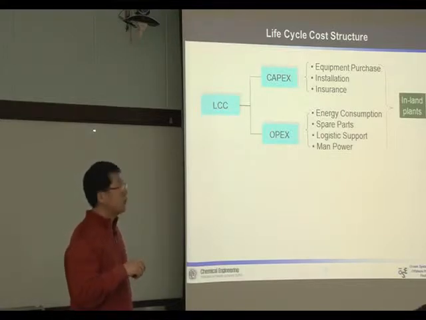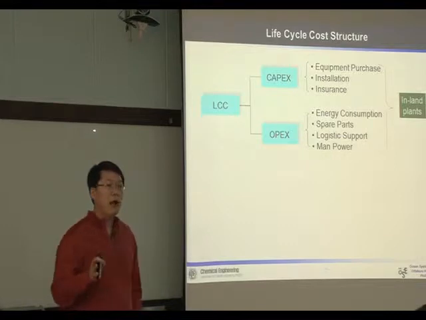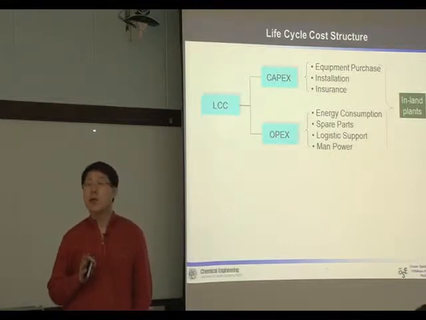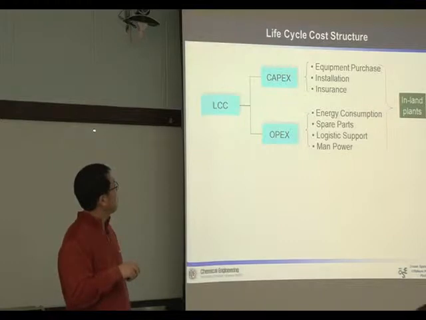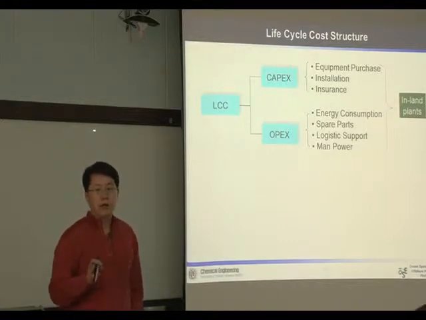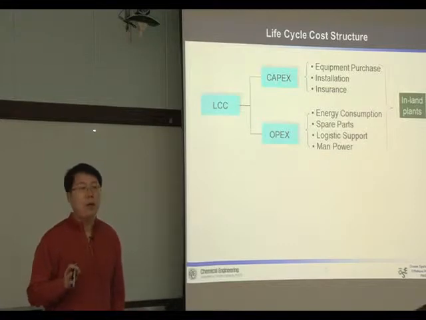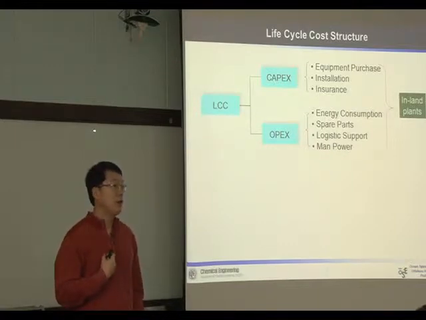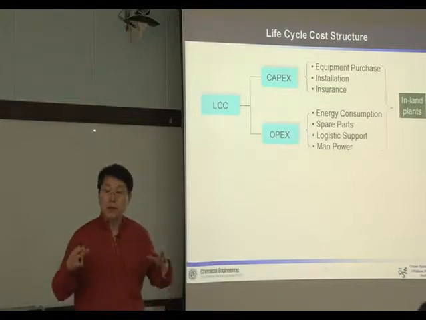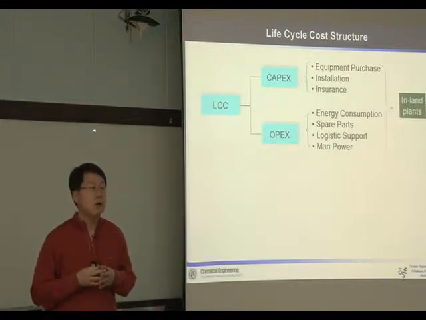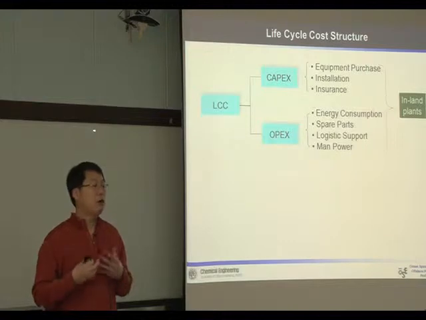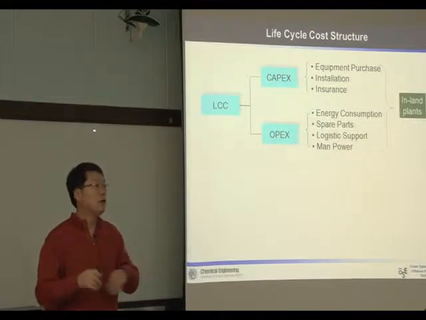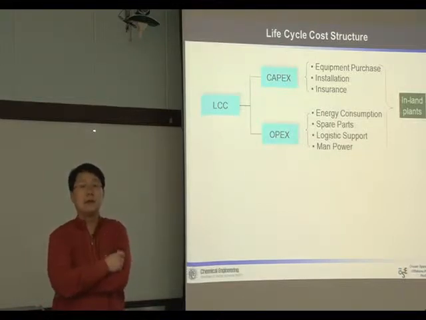OPEX includes energy consumption. In energy plants, this is the most important cost. Spare parts, roughly speaking, we need about 5 to 10% of the capital expenditure for maintenance. For example, if our plant is $100 million, we need about $5 to $10 million every year to maintain, to keep the plant at the best status.